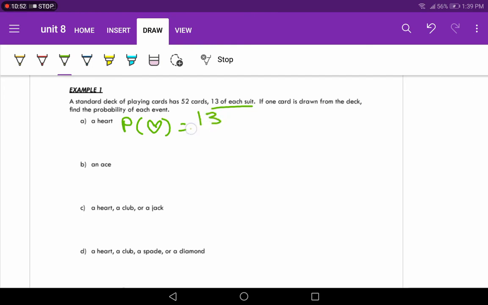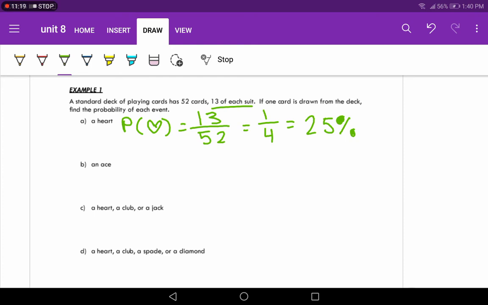So there's 13 hearts out of a total of 52. Putting that into lowest terms, or dividing it out, you would get 0.25, which is a quarter, which means there's a 25% chance, which makes sense, right? There's 4 suits. You probably could think logically about that and not even do that math.